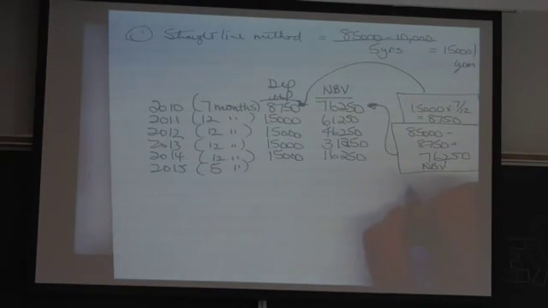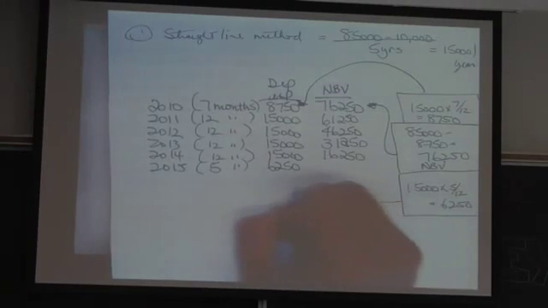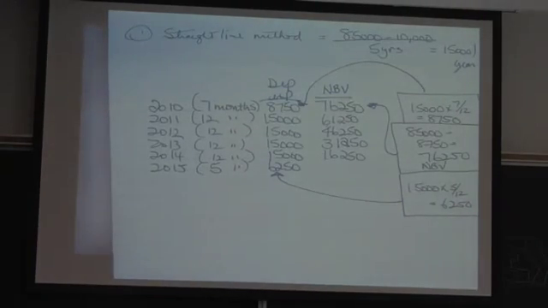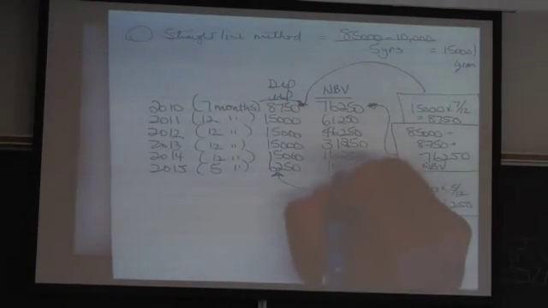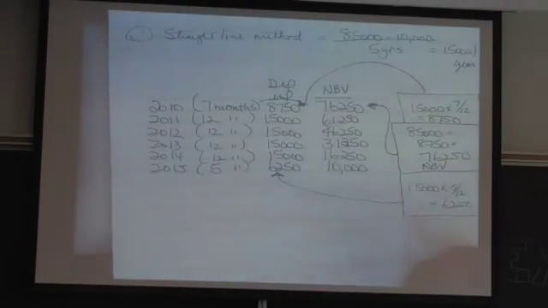So it's 15,000 times 5 over 12, which gives us 6,250. That's the amortization, and net book value is 10,000. And this makes sense because the net book value at the end of its useful life should equal the residual value.